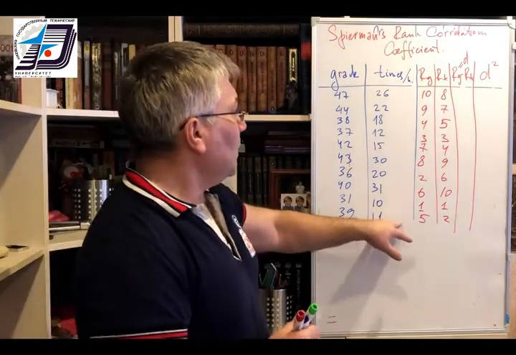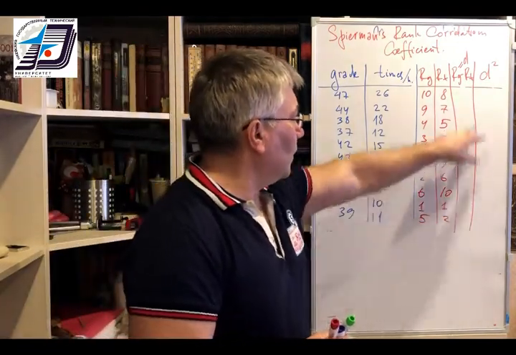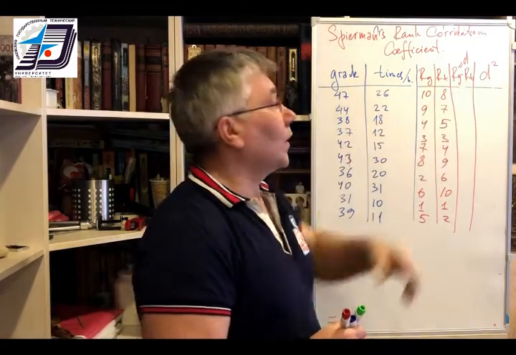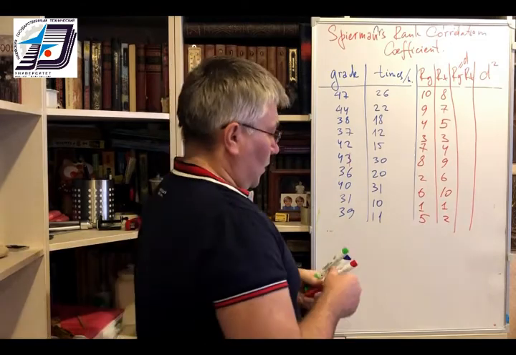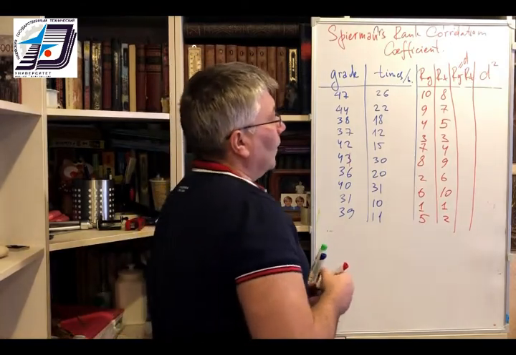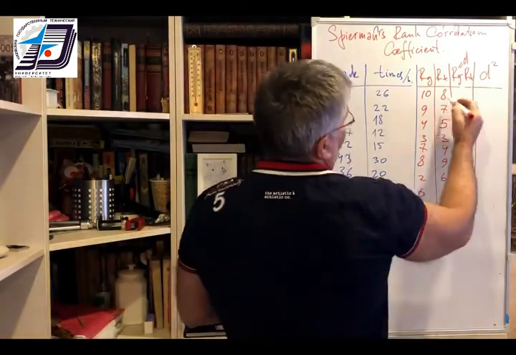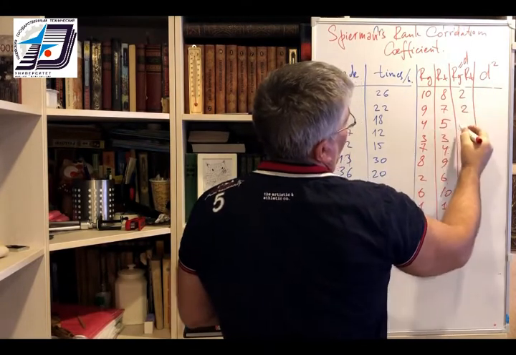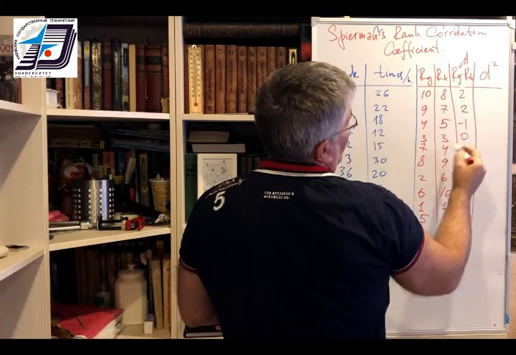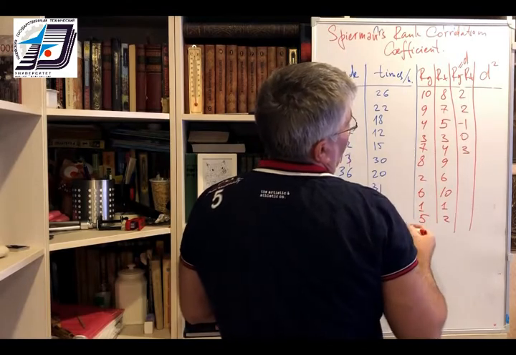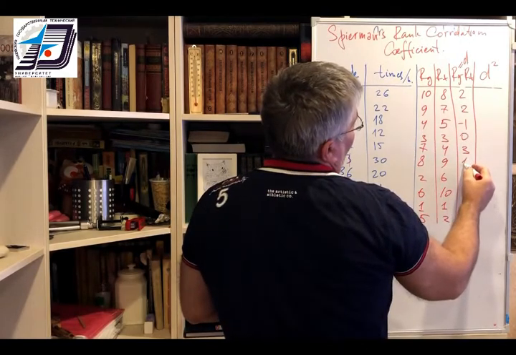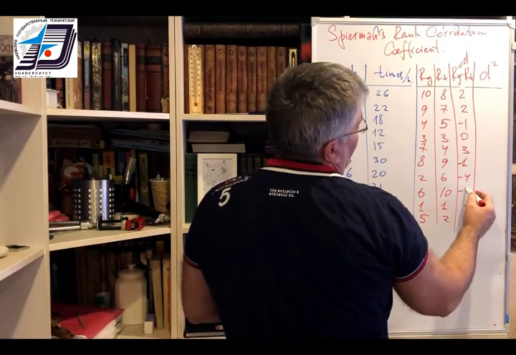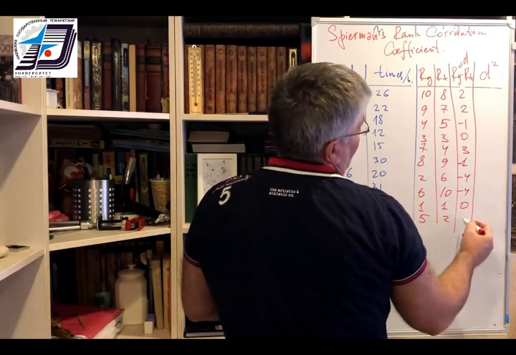After this we can fill in the column of the differences between ranks. So we have 10 minus 8, 2, then minus 1, 0, 3, 1, minus 1, minus 4, 0, 3.